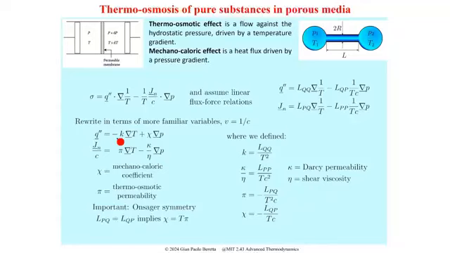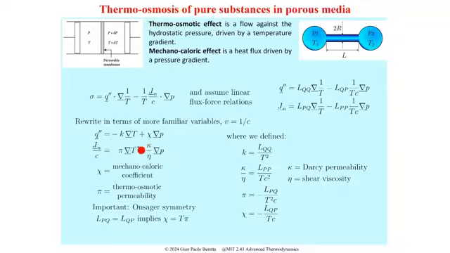So we introduce parameters like the thermal conductivity, and the other diagonal element is usually written as K over nu, where nu is the shear viscosity of your fluid, and K is the Darcy permeability.